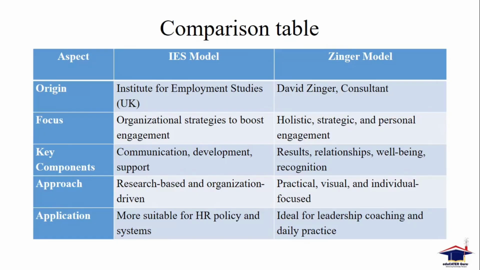Under IES model, the approach was research based and organization driven. Whereas under Zinger, it is practical, visual, and individual focused. IES model is more suitable for HR policy and systems, whereas Zinger model is ideal for leadership coaching and daily practice.